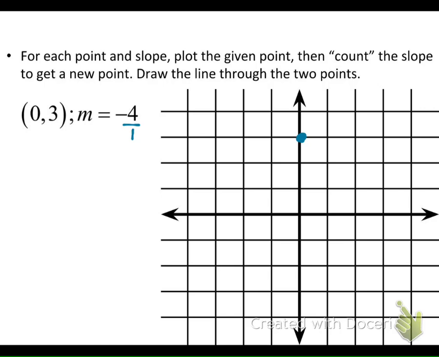No. This is the rise. I'm stuck. You're stumped? Okay. So from the point, if our slope is -4/1, -4 is our rise, so I'm going to go down 4 and then over 1. Yep.